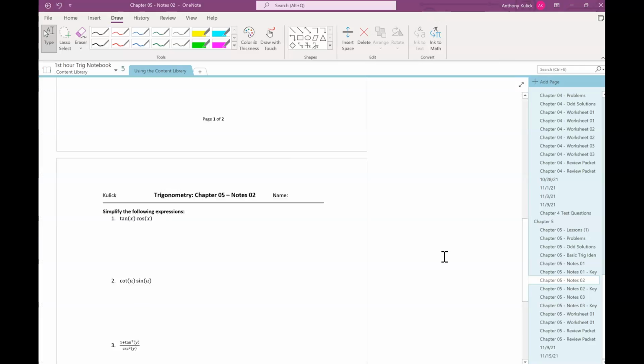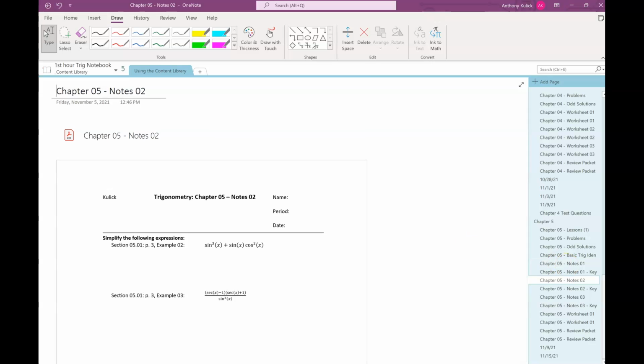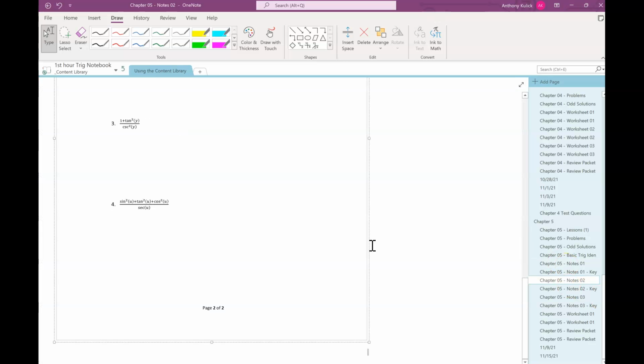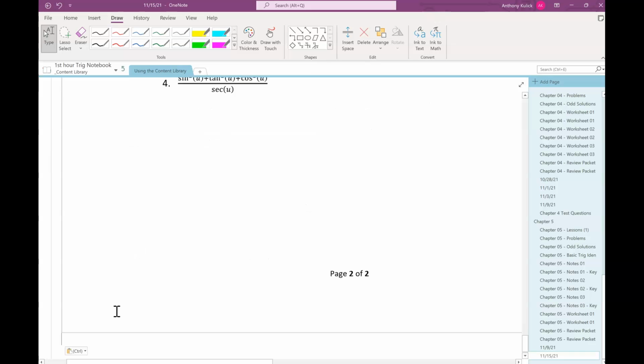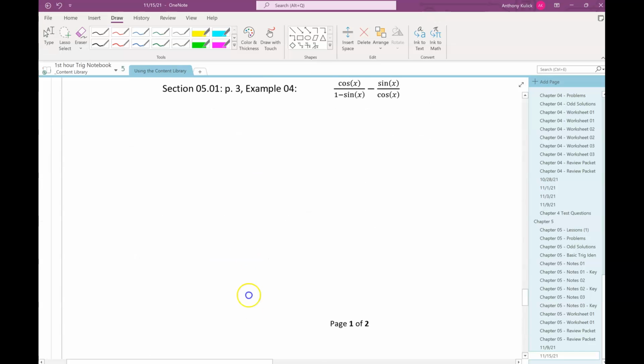Okay, so they're the same. I'm going to switch over to this sheet and drop these note sheets in here, since they already have all the problems written down for us.